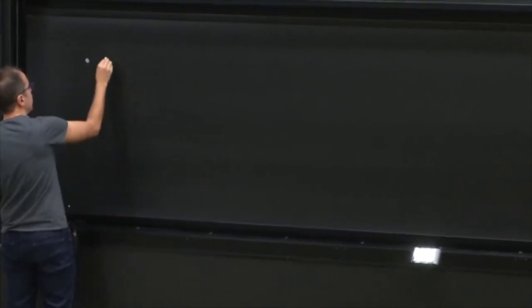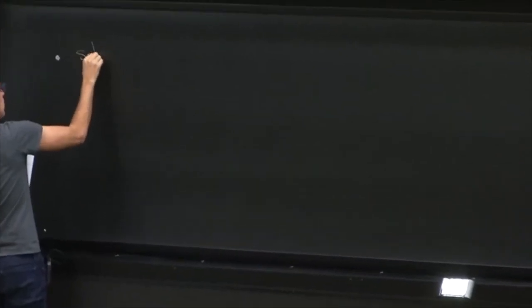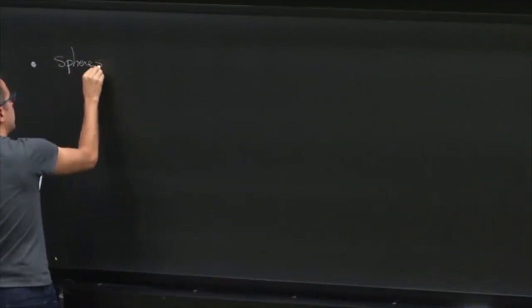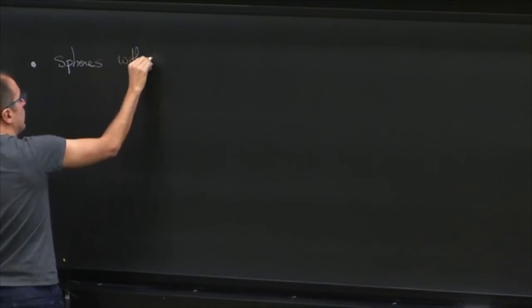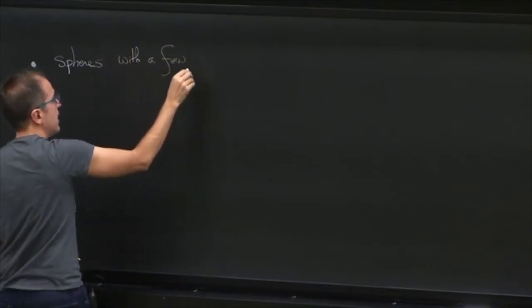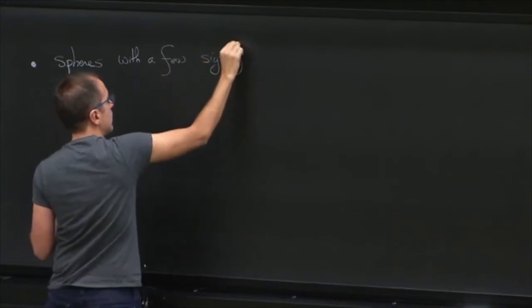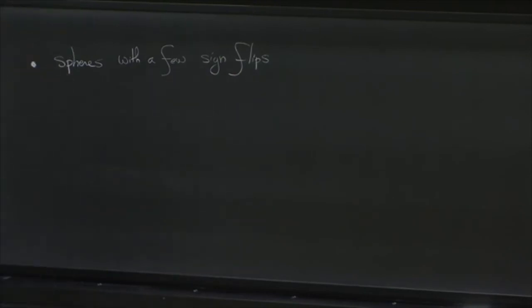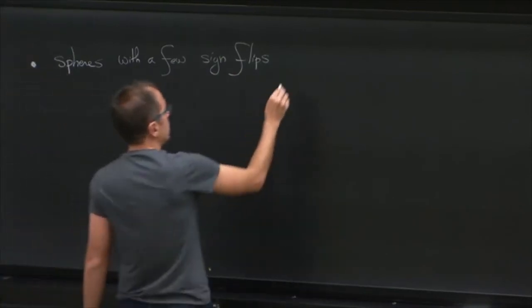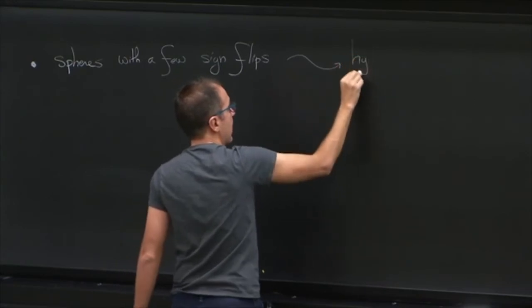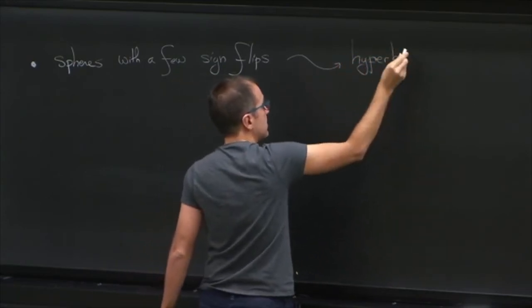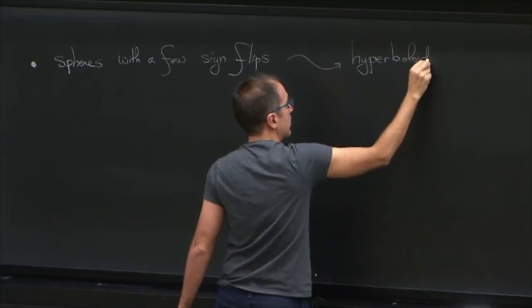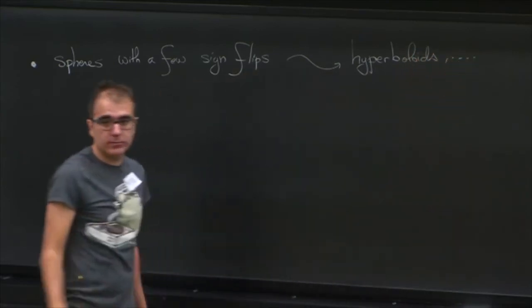Okay, so I want to make 2 more comments. The second comment I want to make, and we will go into more detail now, is that we have these spheres, right? But if we take spheres with a few sign flips, that is, we go to the equation for the sphere and we flip a few signs, then we'll start describing other symmetric spaces that are very similar but typically non-compact, and we get hyperboloids and so on.